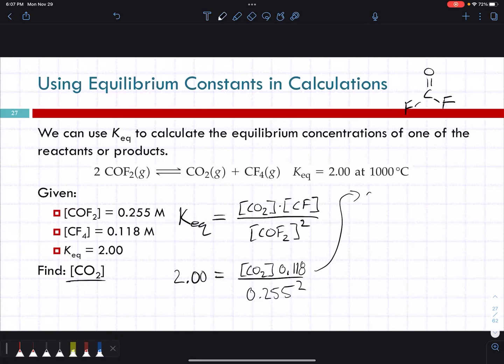Sorry, the calculator's doing everything in scientific notation. So now that's equal to the concentration of CO2 times 0.118. So I can divide that 0.13005 by 0.118 and get 1.10. And here you can't put molarity as the concentration of CO2.